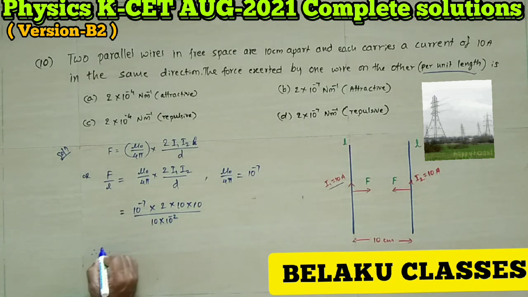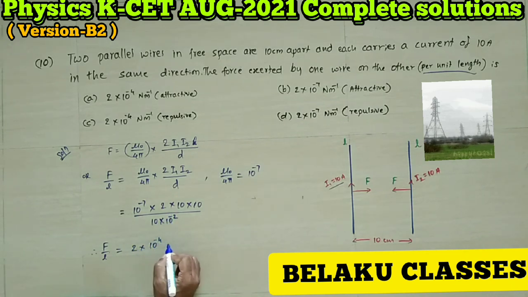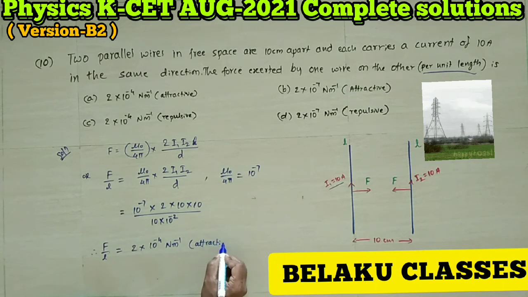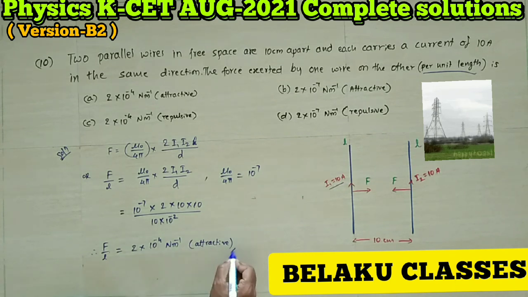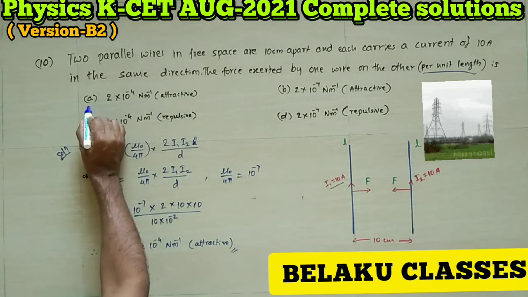So the force per unit length of the wire, when you simplify, is 2 into 10 to the power of minus 4 Newton per meter. Force is attractive, because the direction of the current in both the wires is the same, therefore the force is always attractive. So this is the answer, and the option is A.